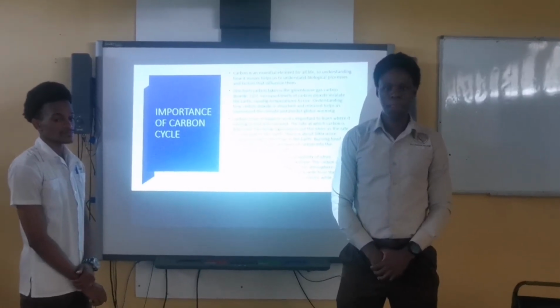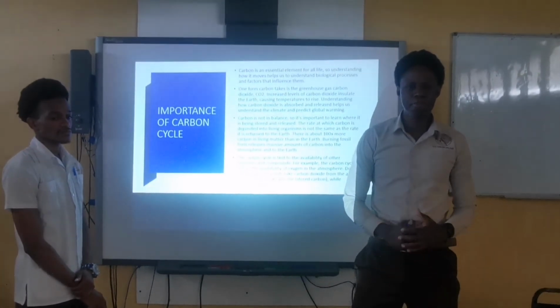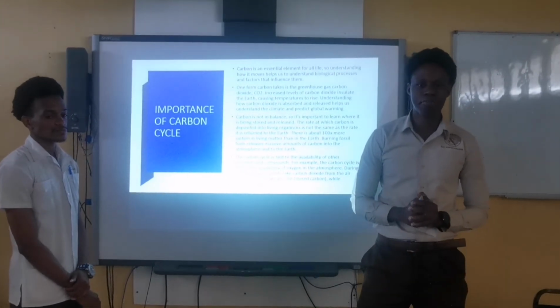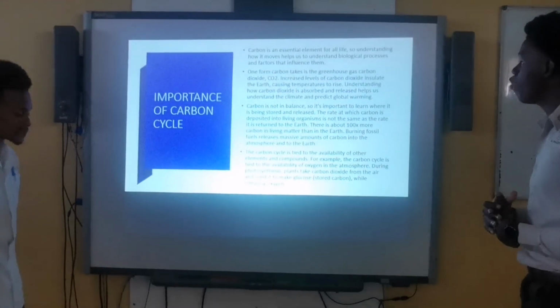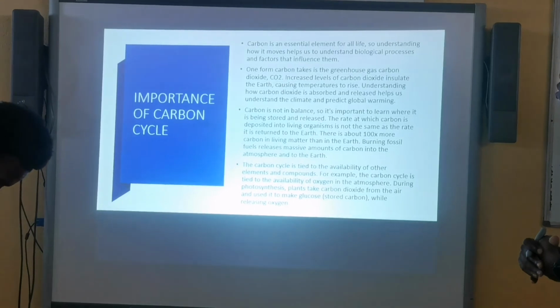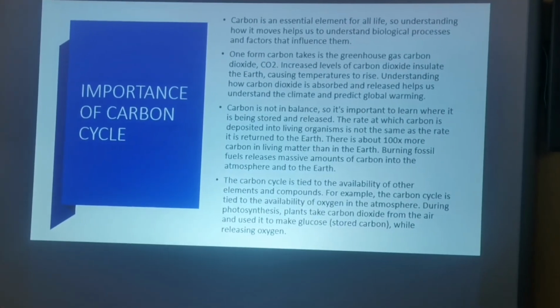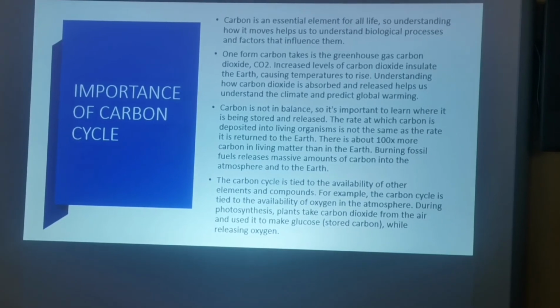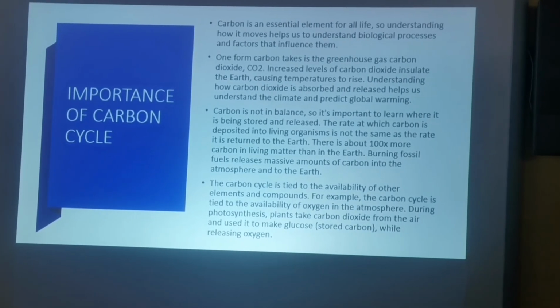Now class, before we conclude today's lesson, we have to discuss the importance of the carbon cycle. Carbon is an essential element for all life. So understanding how it moves helps us to understand the biological process and factors that influence them.